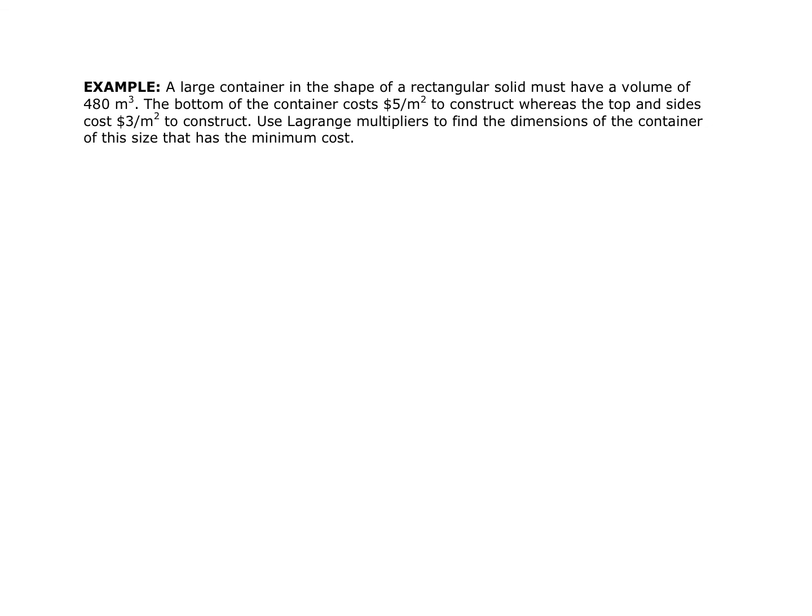So the first thing we have is x, y, and z, assuming 3 different variables. xyz needs to equal 480. That's our constraint function, our g of x, y, and z, because this thing has to have a volume of 480.